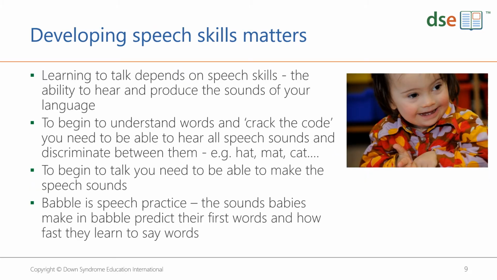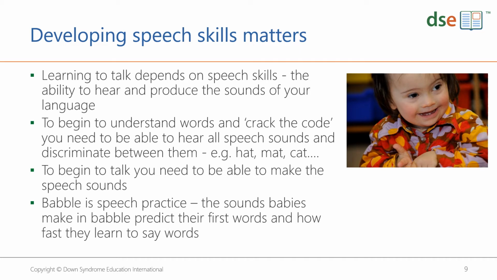Okay. Now, speech skills matter. And although I've stressed that they matter because we want children to speak clearly, there's more to it than that. If you think about learning to talk and cracking the code, in order to understand words, you need to be able to hear all the speech sounds and discriminate between them.